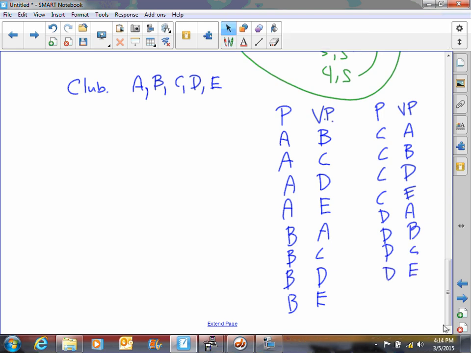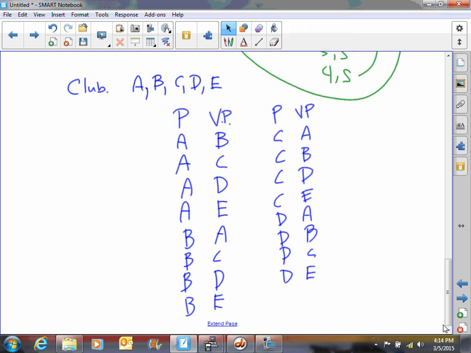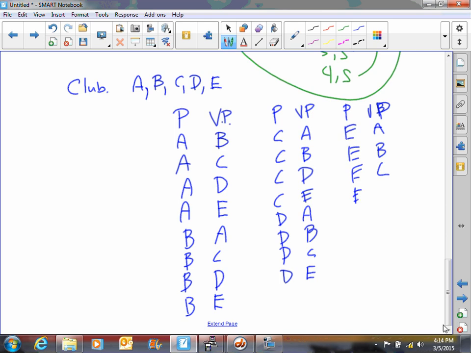I need some more room here. Let's move this all over here. And the third one, we could have president again and vice president. We got through with David, so we could have Eugene and Al, Eugene and Betty, Eugene and Charlie, Eugene and David. We don't have Eugene and Eugene.